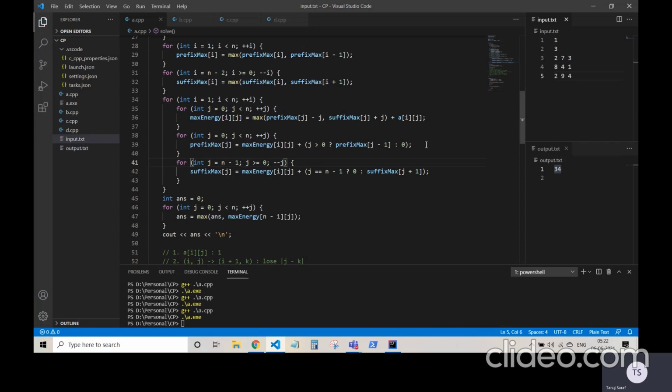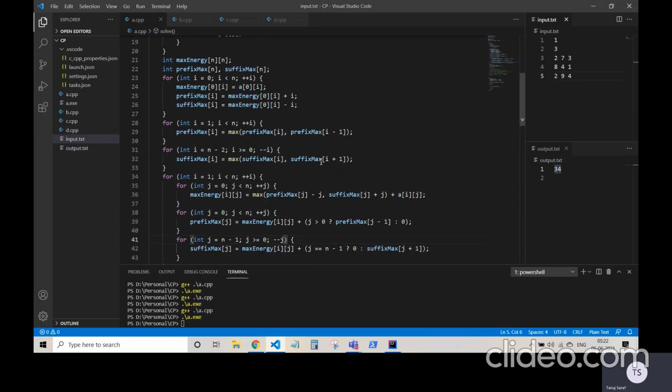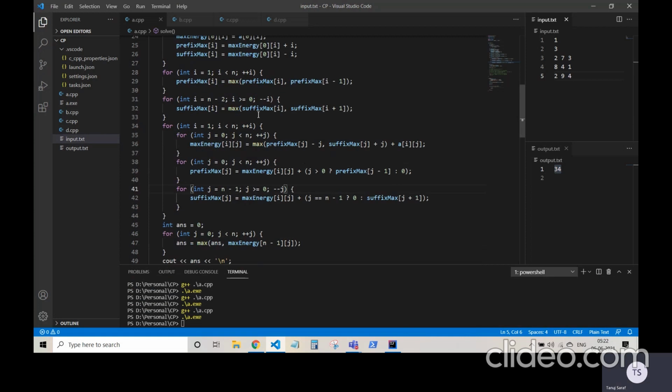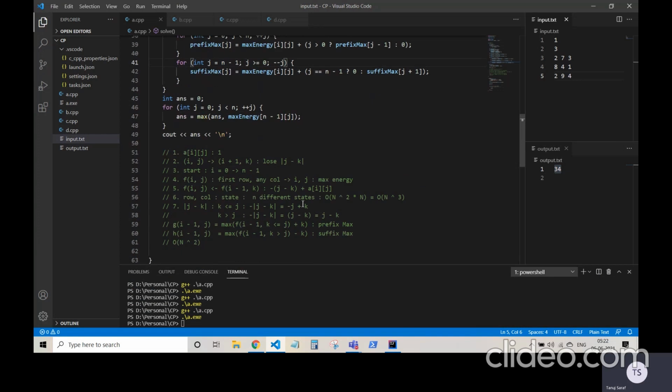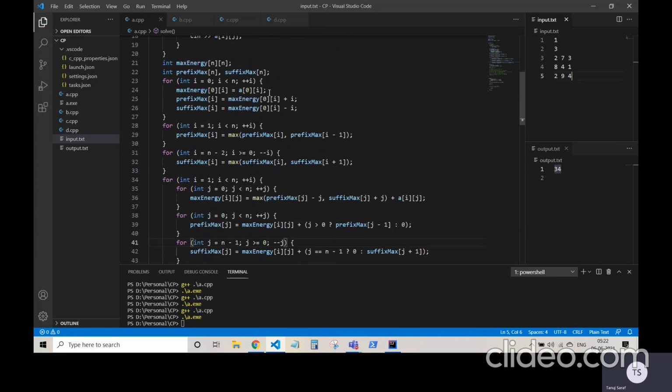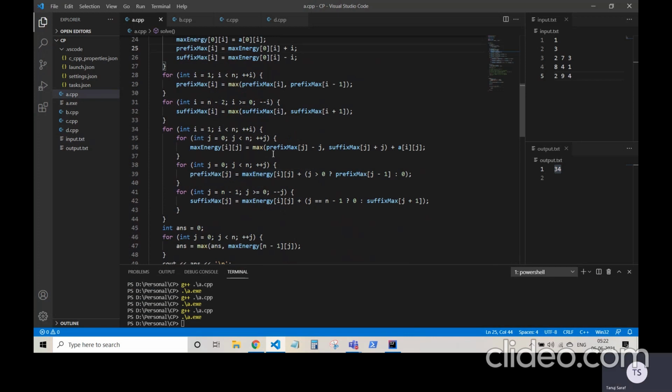Okay. What have I missed over here is, okay, so in the prefix max I have forgotten to take this contribution of plus j and minus j over here, right? So for prefix max we were taking a contribution of plus j, so max of this plus j, and for suffix max we have to take minus j.